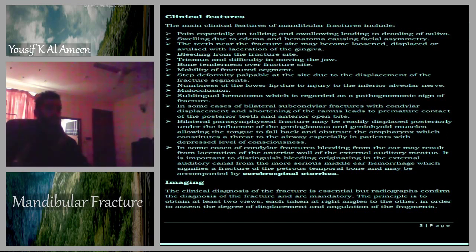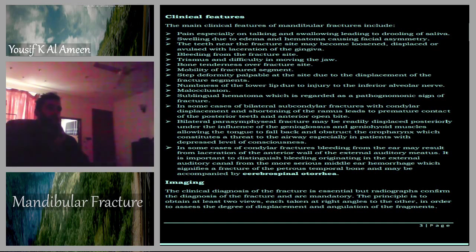Bleeding from the fracture site can also occur. Trismus and difficulty in moving the jaw. Bone tenderness over the fracture site. Mobility of a fracture segment.